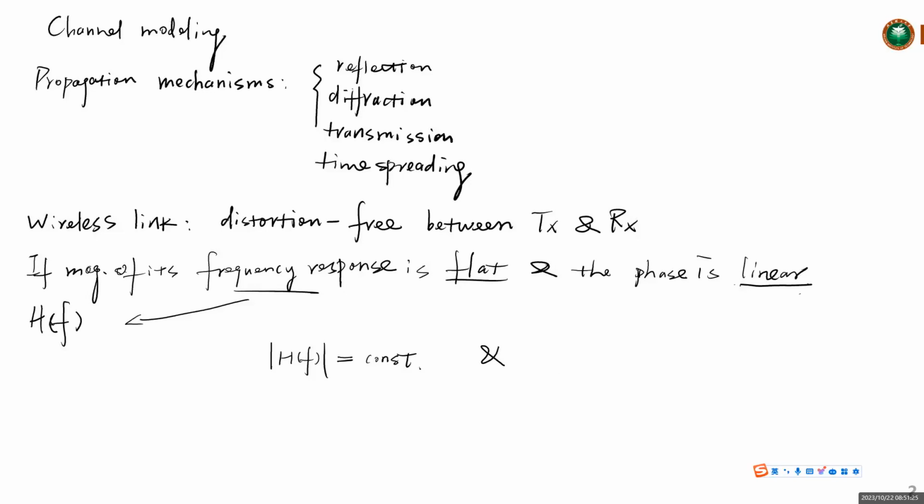And the phase is linear, that means the phase of H(f) is linear with respect to frequency, f times a parameter alpha. Alpha can be a constant, or it can also mean proportional to.